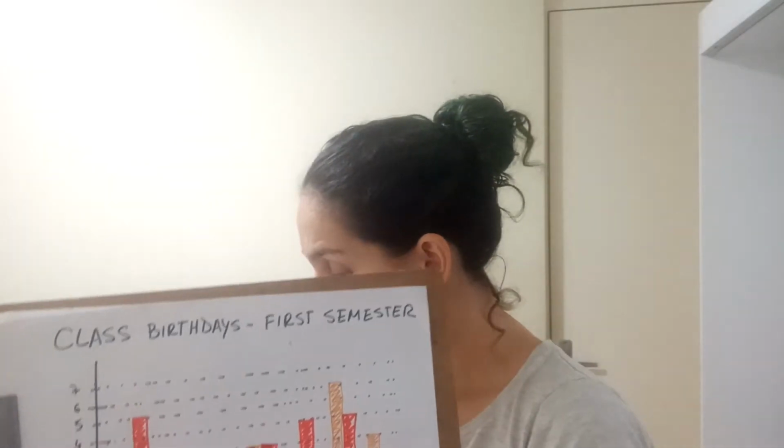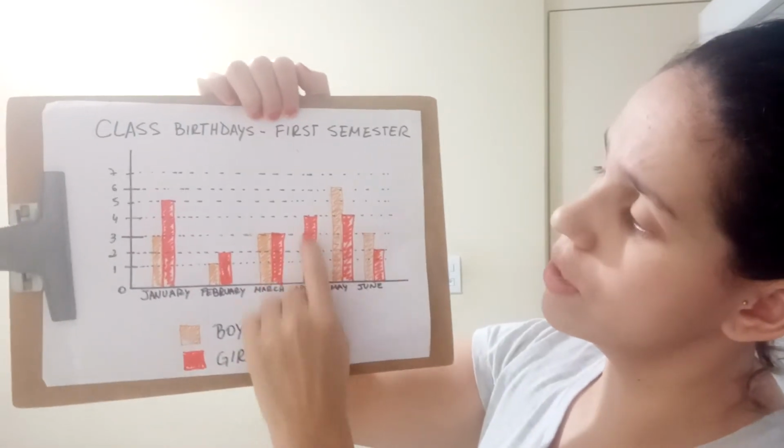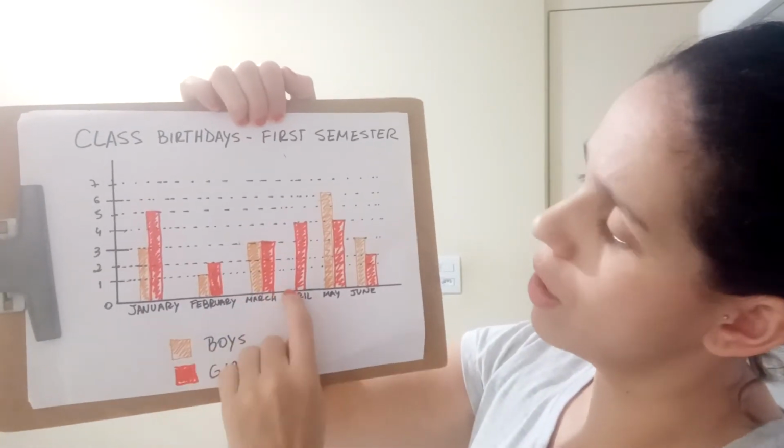Question number 5. How many boys have birthdays in April? So only boys in April. Let's see. Girls, 4. And boys, 0 boys in April. Yeah?